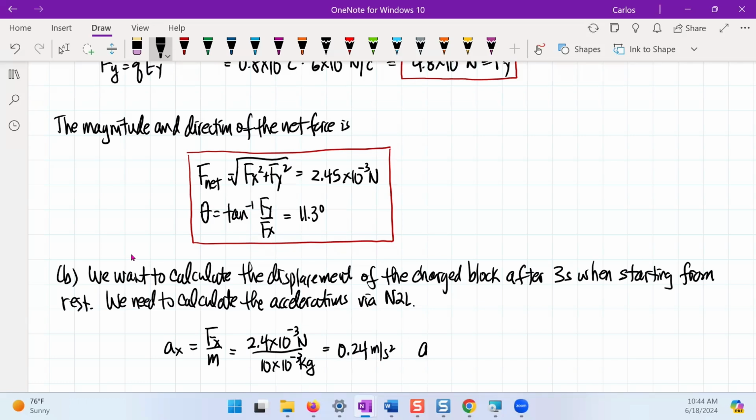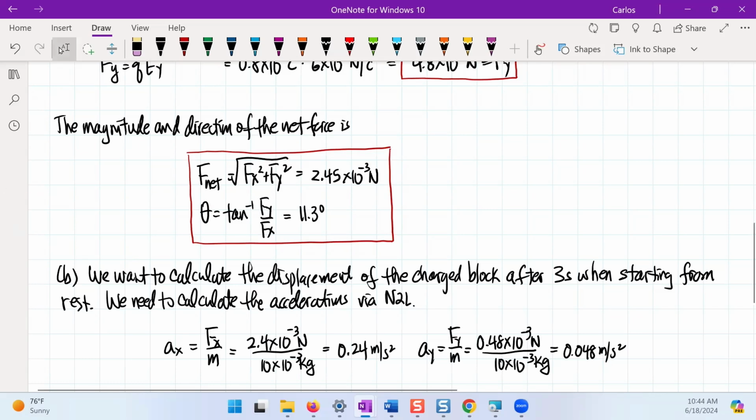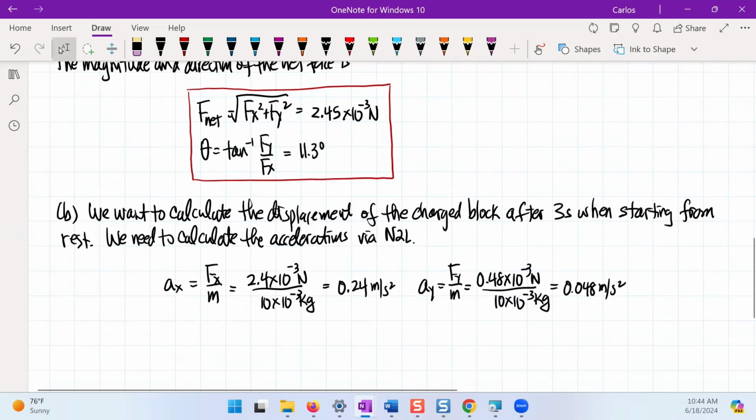If I repeat the exact same calculation for ay, I'm going to get 0.48 times 10 to the minus 3 newtons divided by 10 times 10 to the minus 3 kilograms, and I end up getting an acceleration of 0.048 meters per second squared. So I now have my accelerations.